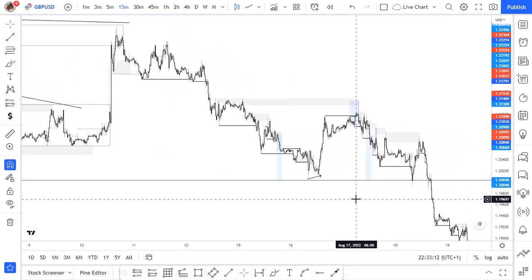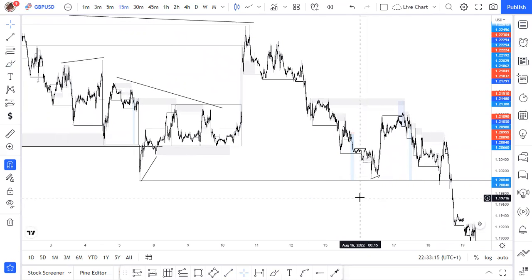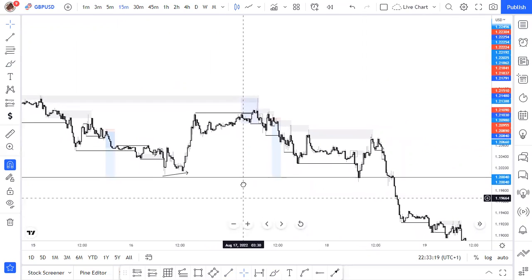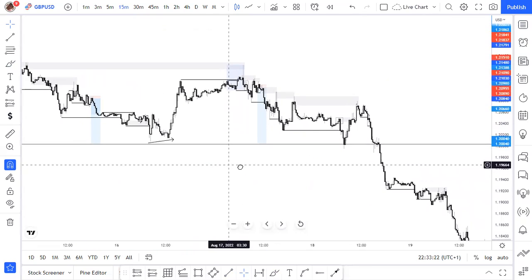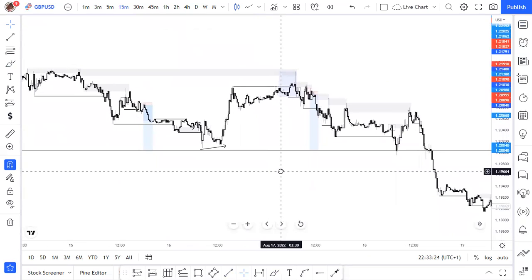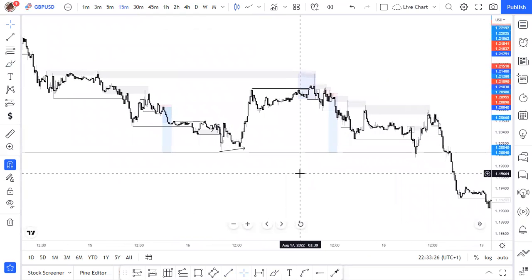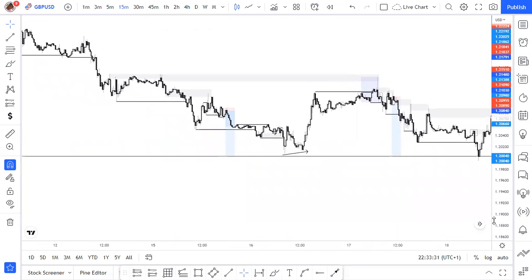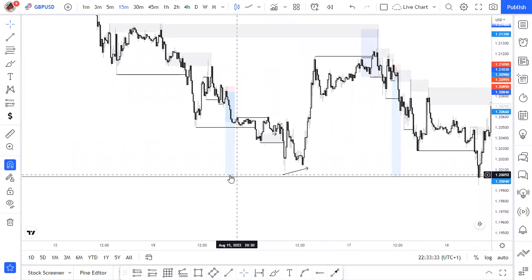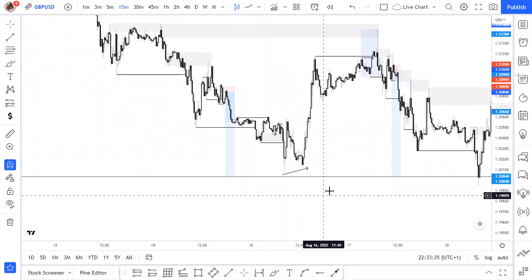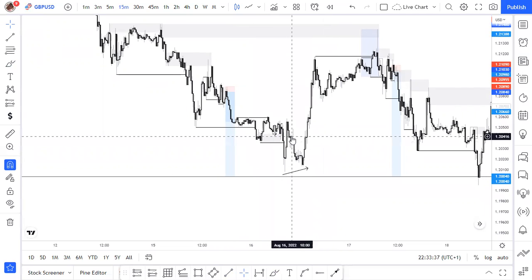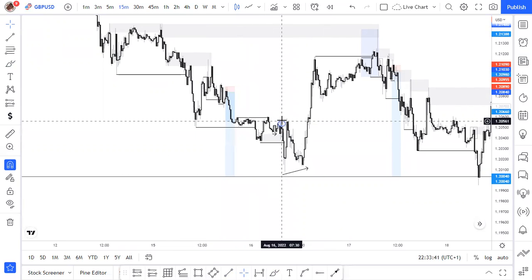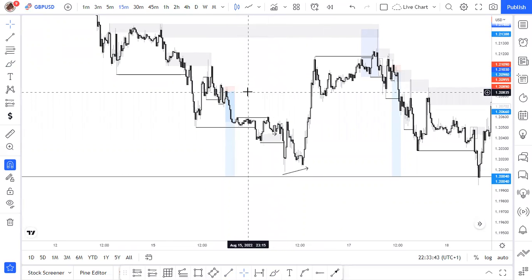On pound USD, I think I took around 3 trades, if I'm not mistaken. Okay, I took 2 trades on pound USD. One, I won't really say that it was a win because my price didn't really get to my take profit target. It was more like a partial out on the trade, and then it ended as a break even.